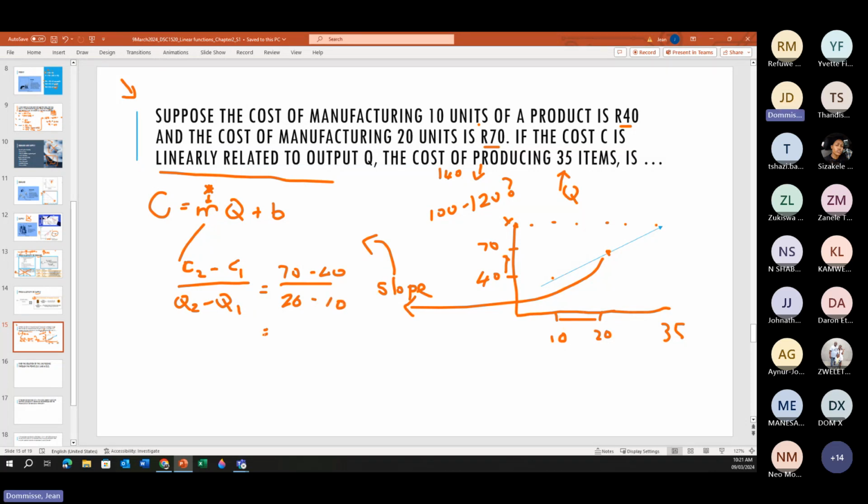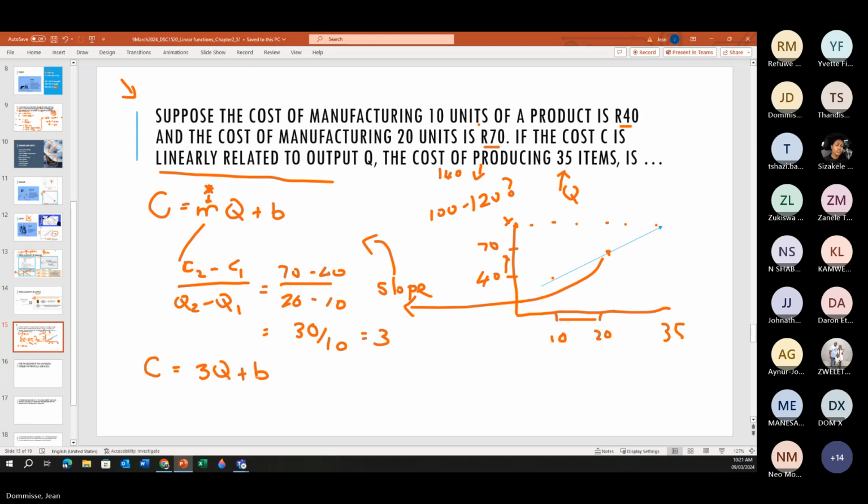So out of that, we will have 30 over 10, which is 3. So if we needed to complete the formula, we would have 3Q plus B.